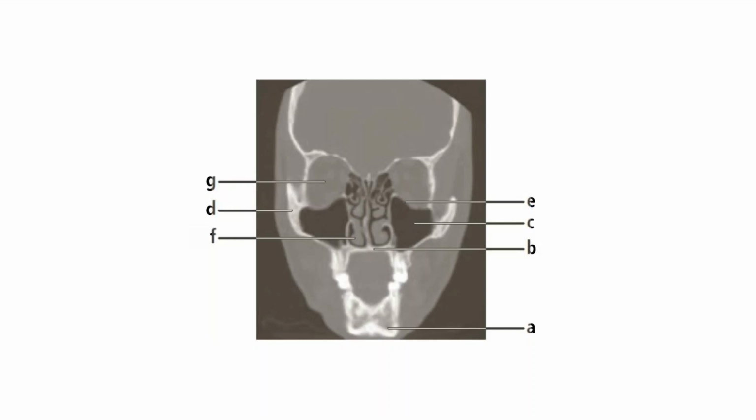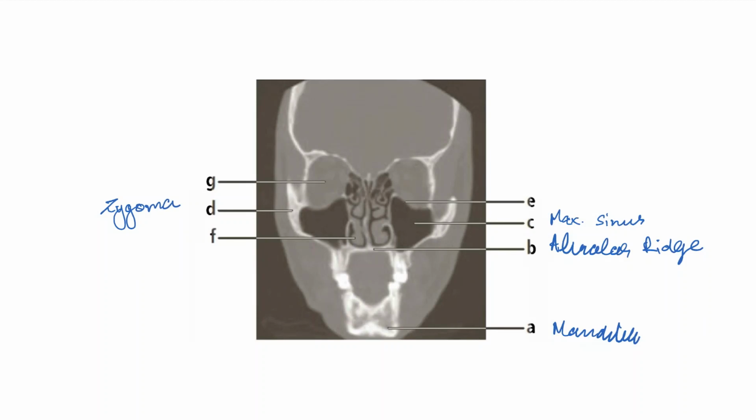Now let us mark the structures in the CT scan. A is mandible, B is alveolar ridge, C is maxillary sinus, D is zygoma, E is orbital floor, F is inferior turbinate, G is optic nerve.